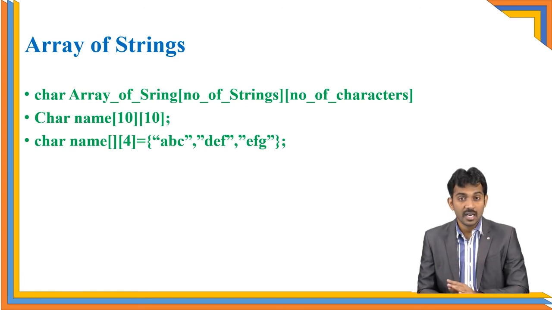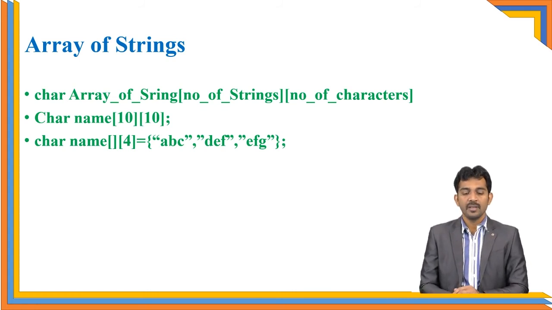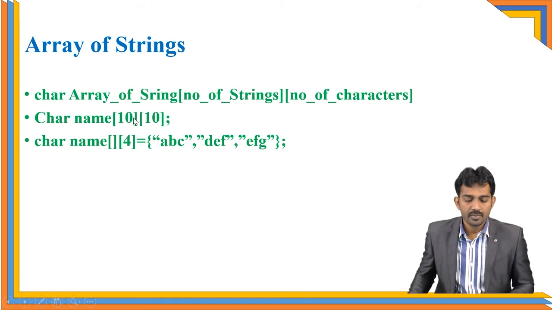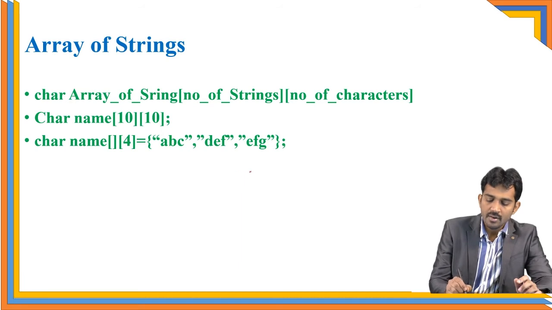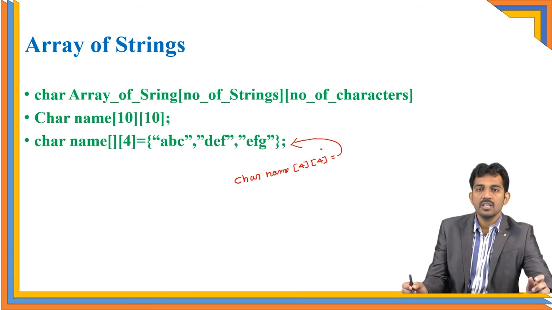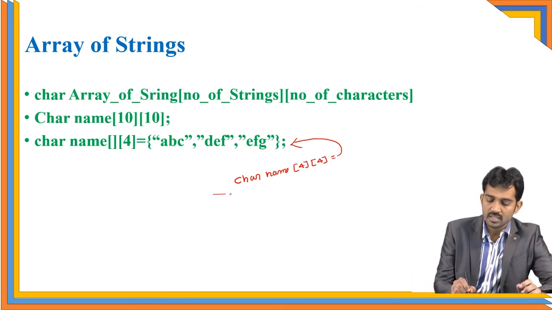Please note this is not a compulsory 10 characters. How is it going to store? Observe clearly. Here, instead of these, I'm going to give a small example. Please note this, it's very, very important. For example, char name[4] equal to, I just save the same thing. So if you consider this one, it is going to be stored like this.